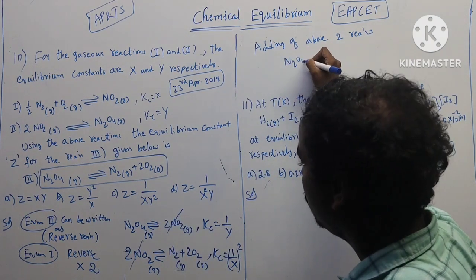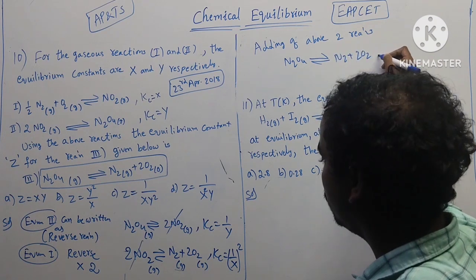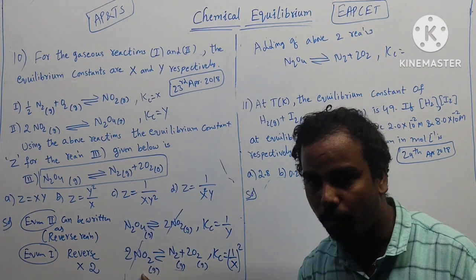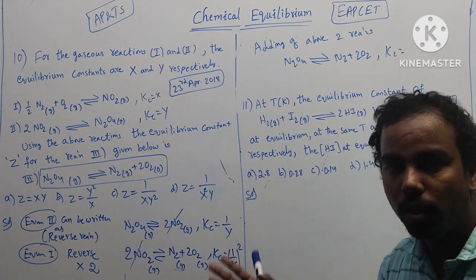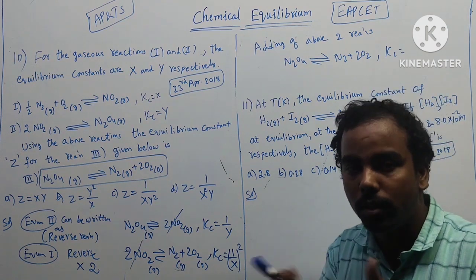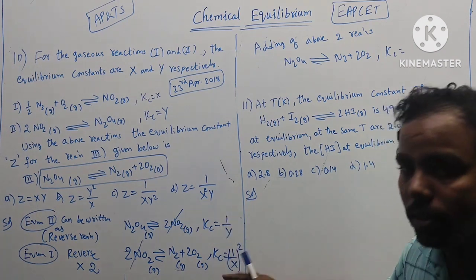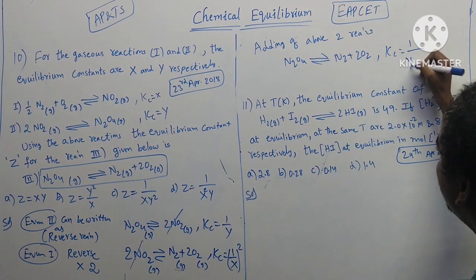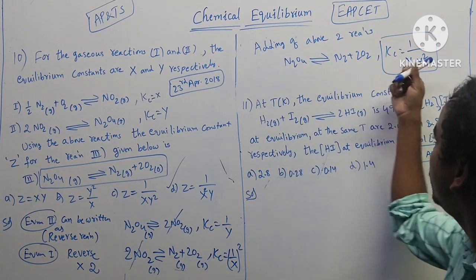N2O4 is in equilibrium with N2 plus 2O2. So then Kc is equal to, when you add reactions, these Kc values multiply with each other. That means you have to take the product of the two Kc values. Then 1 by Y into 1 by X whole square, 1 by Y into X square. So Kc is equal to 1 by Y into X square. So answer D, 1 by X square Y.